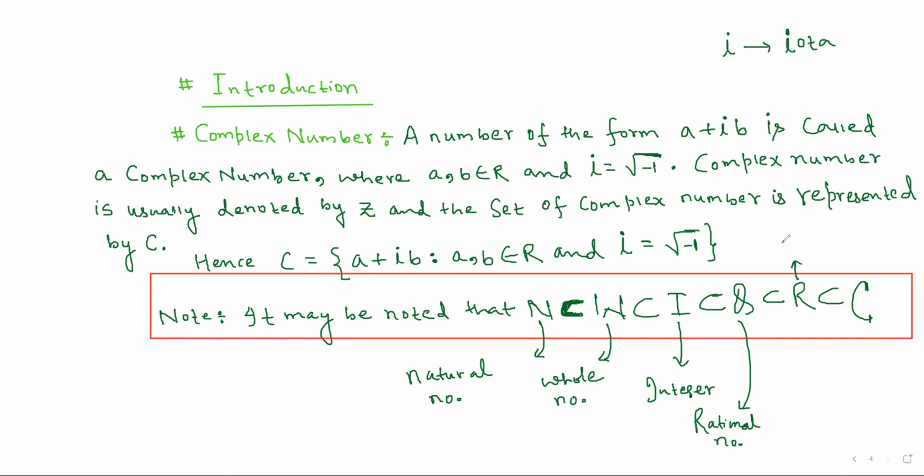This is the real number. And this is the complex number. So I think this is clear to all. Okay. So in the complex number, the general form of the complex number is a plus iota b, where a and b both are real and iota is the imaginary part.